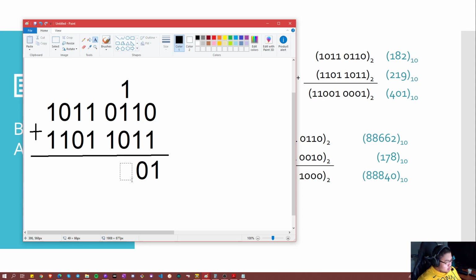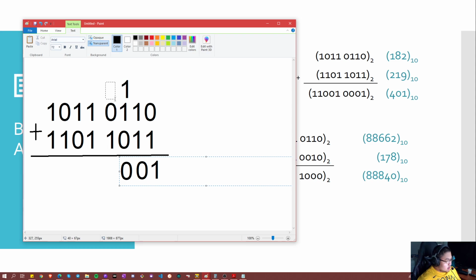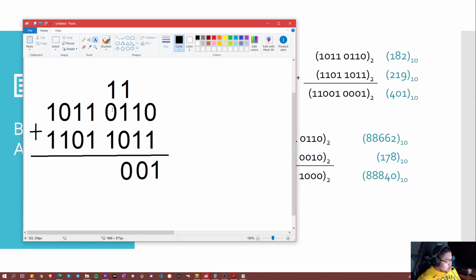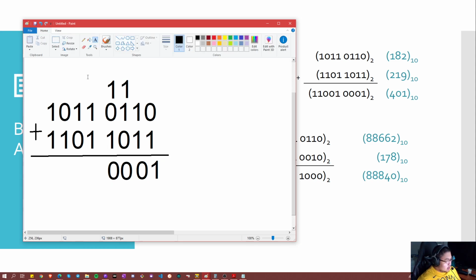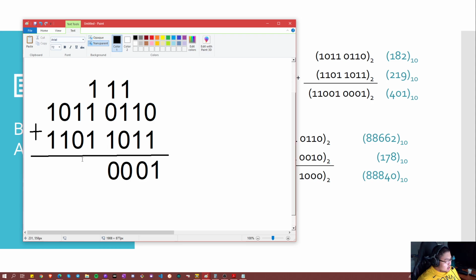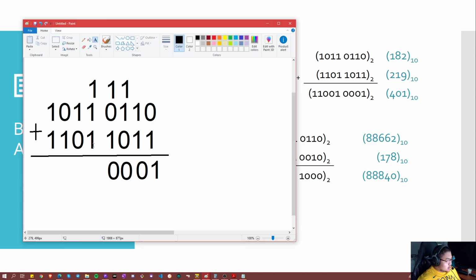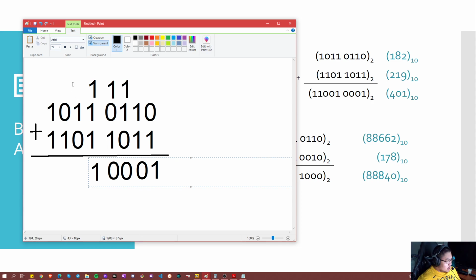So 0, carry 1. 0 plus 1 is 1, plus 1, so 1, 0. Remember that 1 plus 1 is equal to 1, 0. So again, we have another 0 here. Then we have to carry it again. 1 plus 1 is 1, 0. So it is 0 here, but there's a carry, so we need to put 1, and then carry 1.